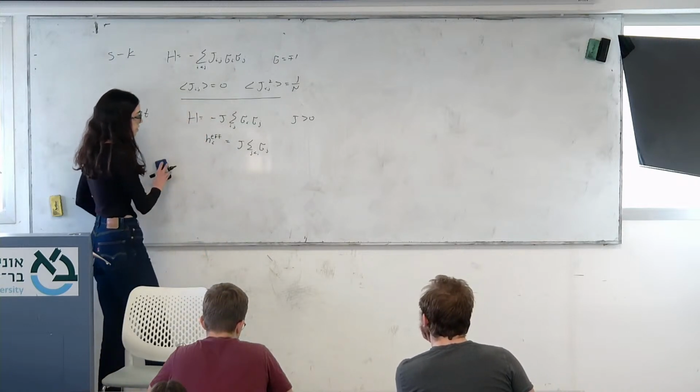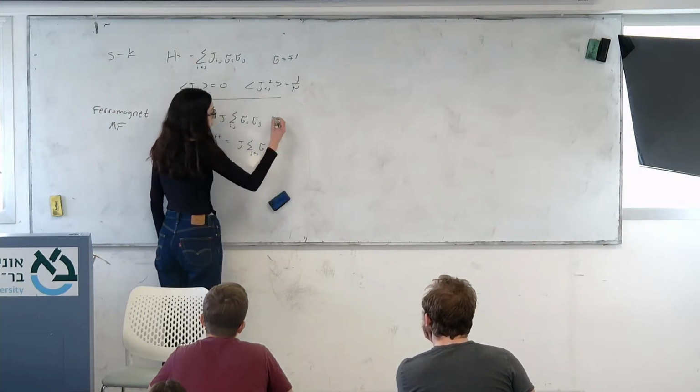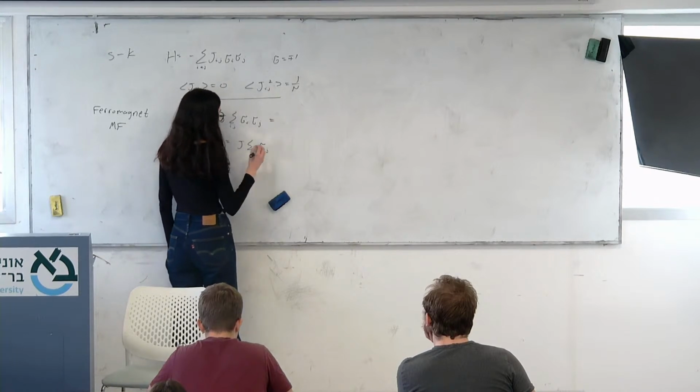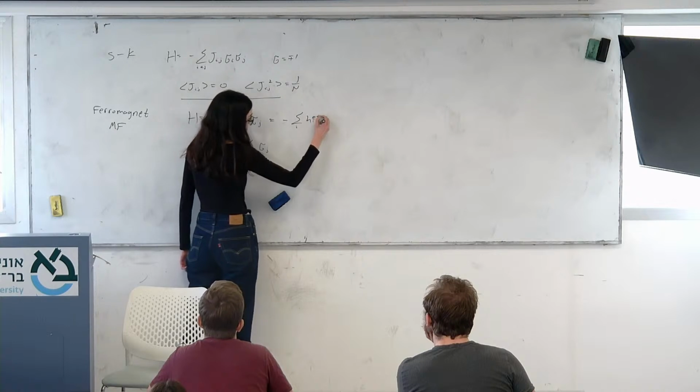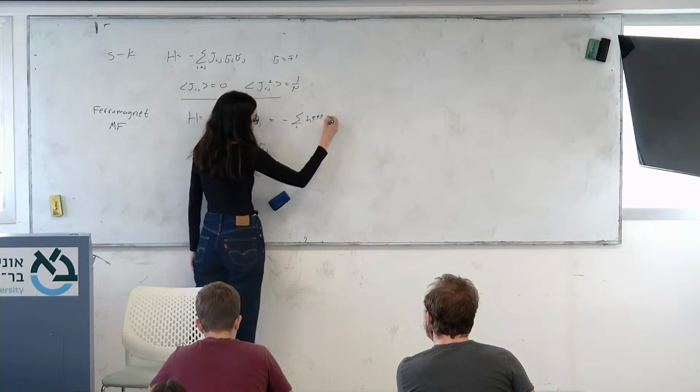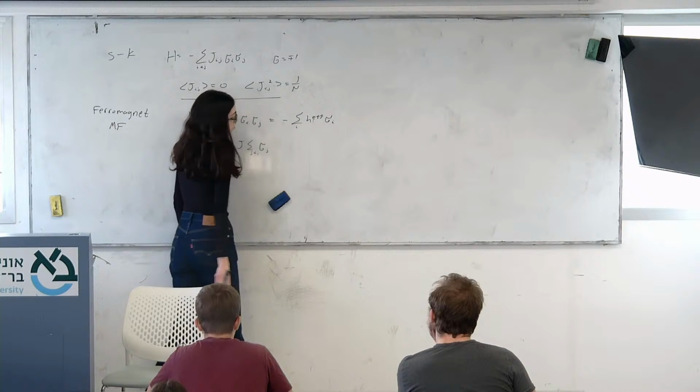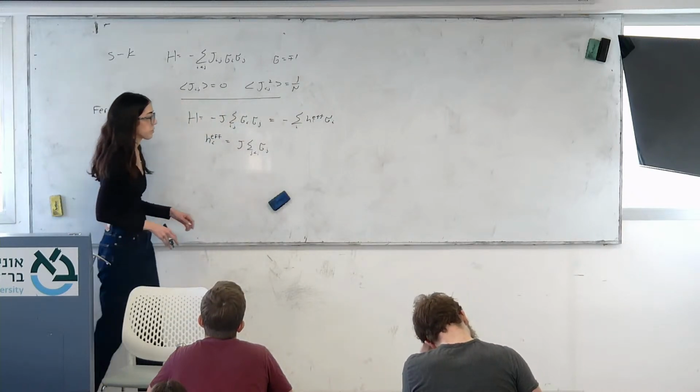So now I can rewrite the Hamiltonian as minus the sum over i of h_i effective sigma_i. Right? I didn't do anything, just rewrote it.